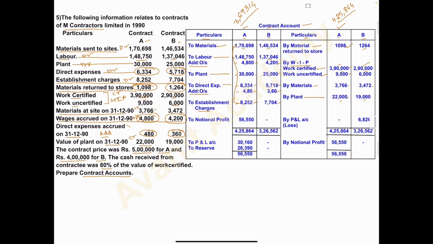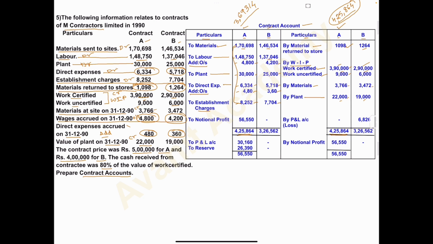So we'll take this balance 4,25,864. I have written here the total of credit side of contract A, 4,25,864. Same amount we'll write on the debit side of contract account, 4,25,864.